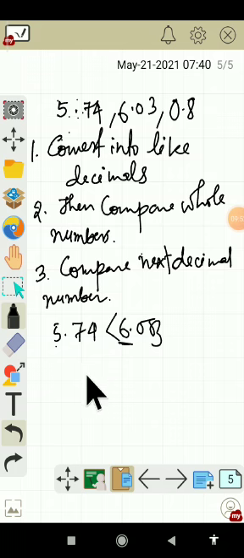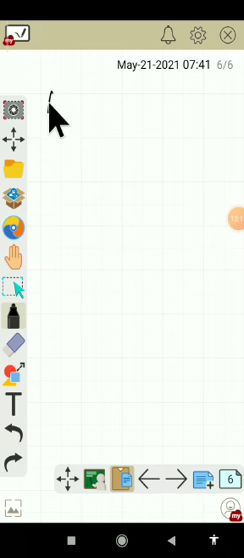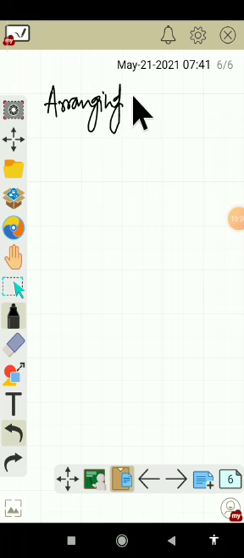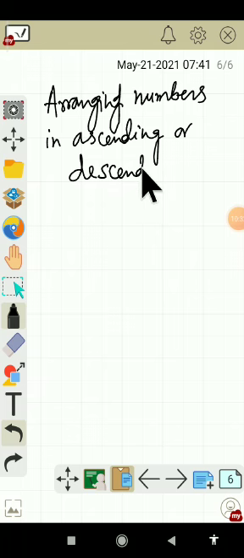Again, 0.8 is smaller than this 5.74 and 6.03. Now, arranging numbers in ascending or descending order.